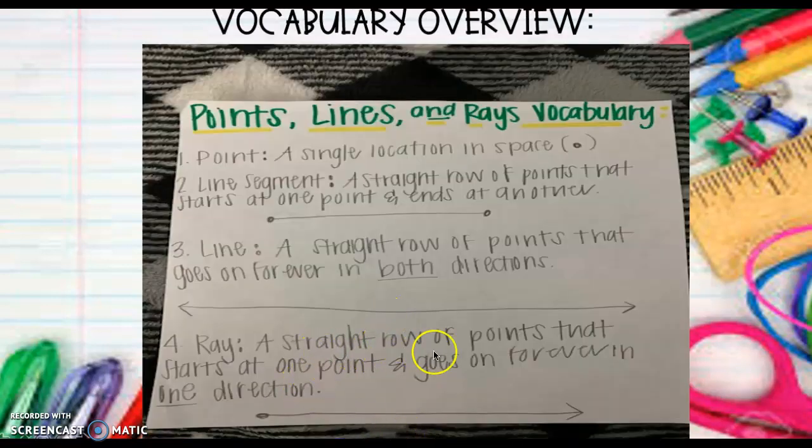A ray is a straight row of points that starts at one point and goes on forever in another direction. So a ray has a point at one end. So this is basically its start place, and then it goes on forever in the other direction. Okay, so you have a point, a line segment, a line, and a ray.